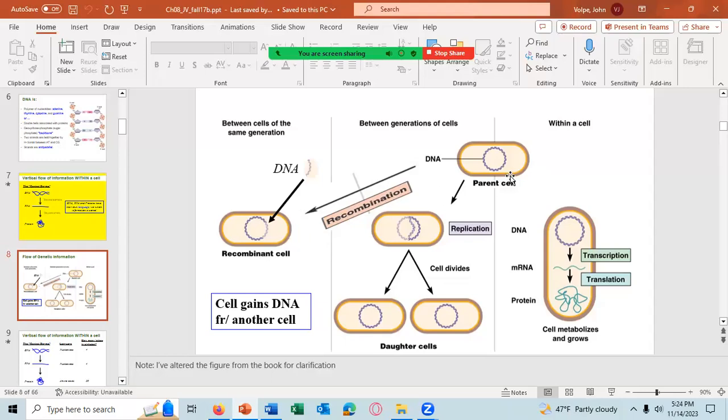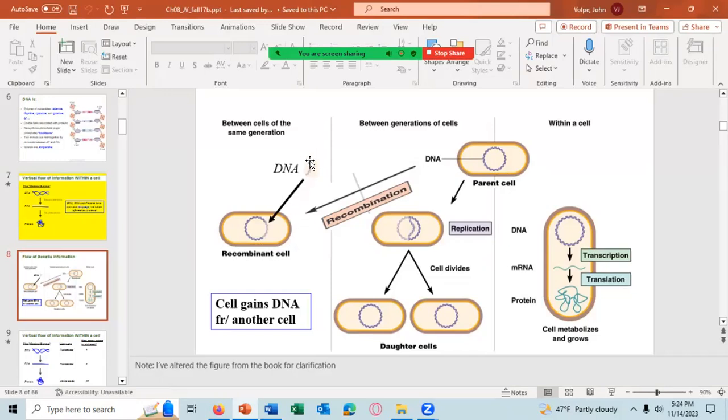Usually what happens is the DNA leaves this donor cell. Usually that happens when the cell dies. And then the DNA is naked DNA, and it can be taken up by a recipient cell, which we call the recombinant cell.